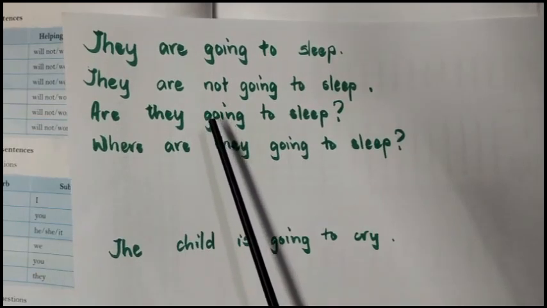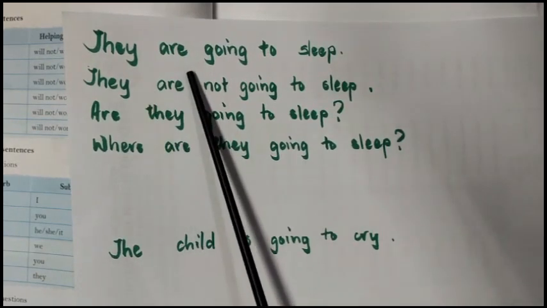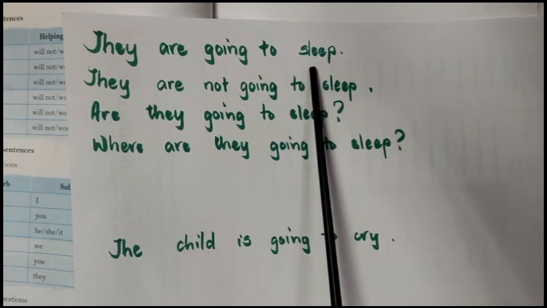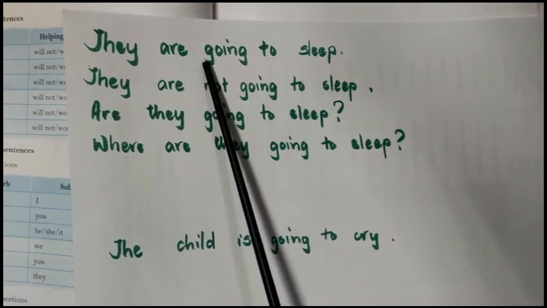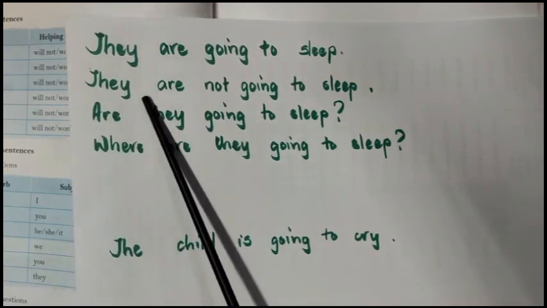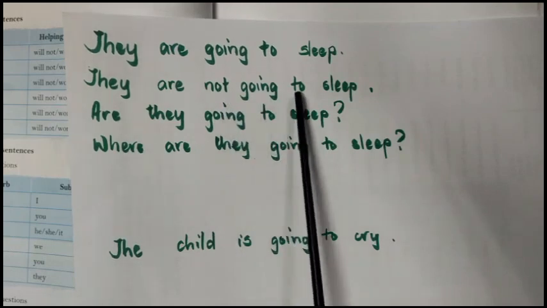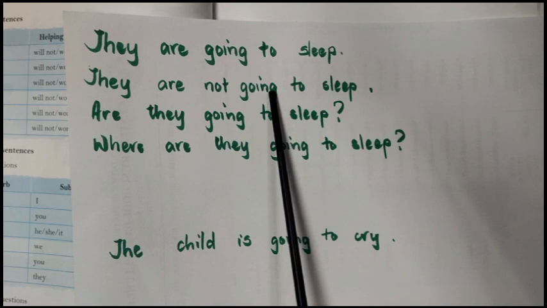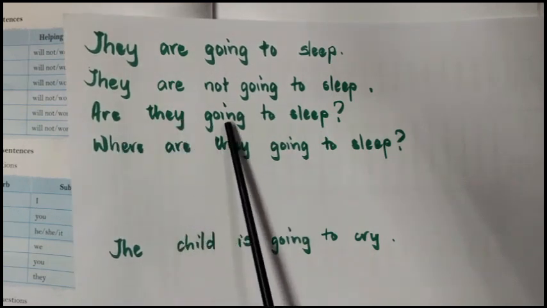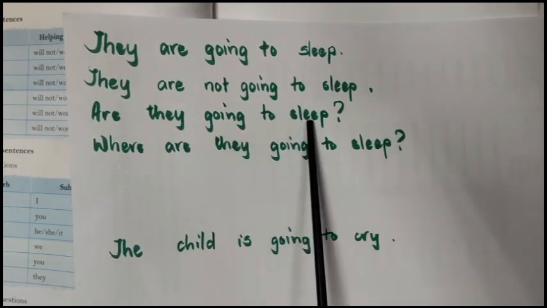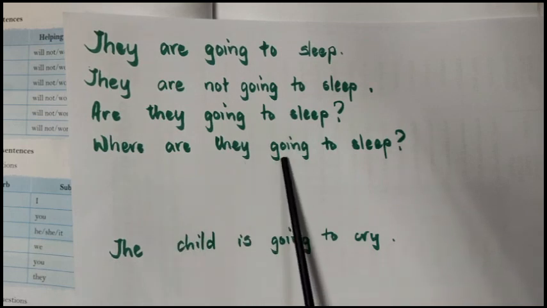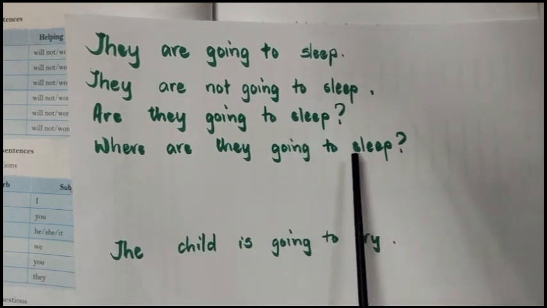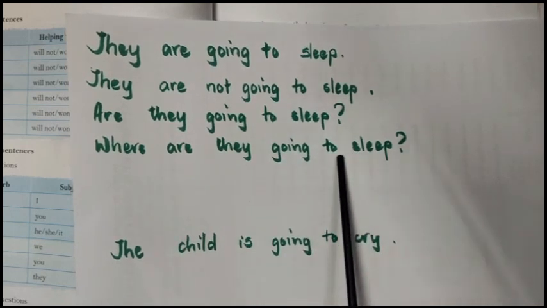Look at these sentences. They are going to sleep. The affirmative. They are not going to sleep. Negative. Are they going to sleep? Interrogative. Where are they going to sleep? The information question.